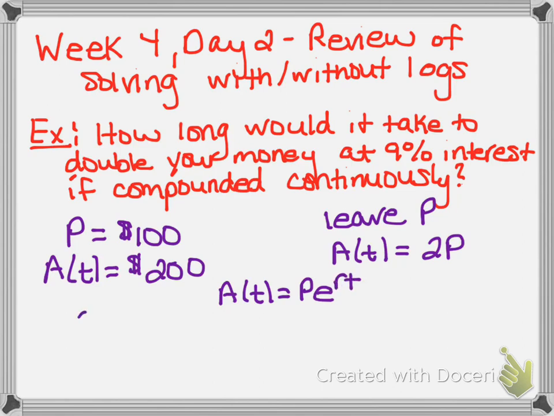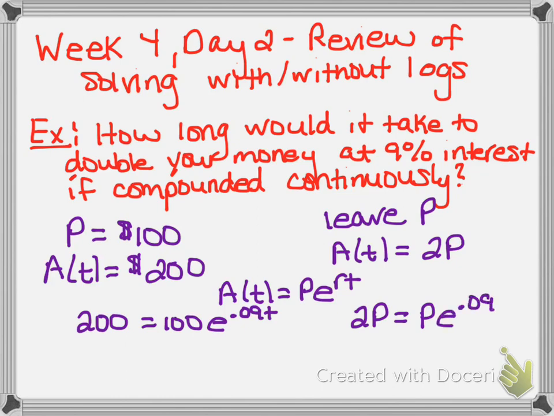Let's say I plugged in 200 for A of T, plugged in 100 for P, and plugged in 9% for my interest rate. Or let's say I just plugged in 2P for my A of T, and I left P for my principal, and I plugged in 0.09 for my interest rate.